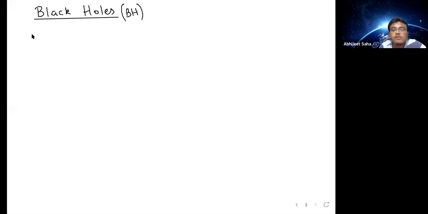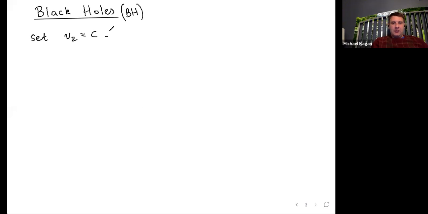Okay, so let's set v2 equals the speed of light, which is, as you know, 3 times 10 to the 8 meters per second. Something in the chat. Let me check what you guys write. It has a large density, right?